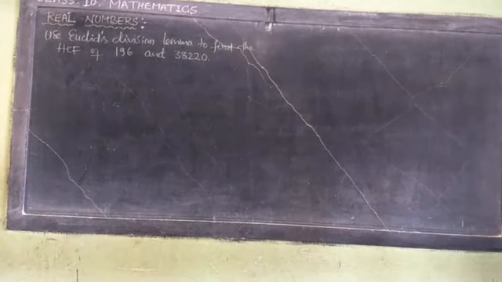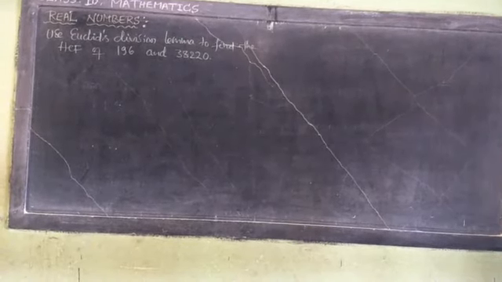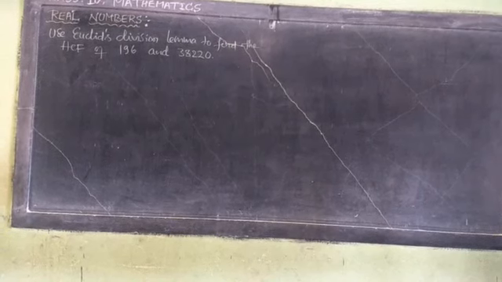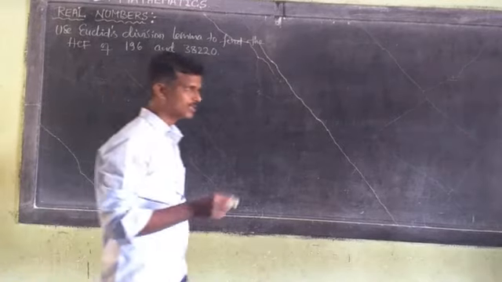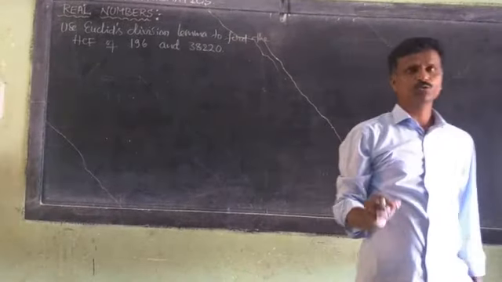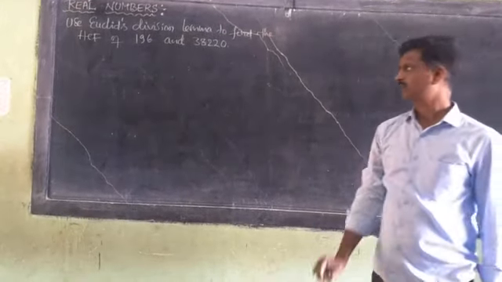Again, 196 and 38,220. You have to find the HCF of these two numbers using Euclid's division lemma.